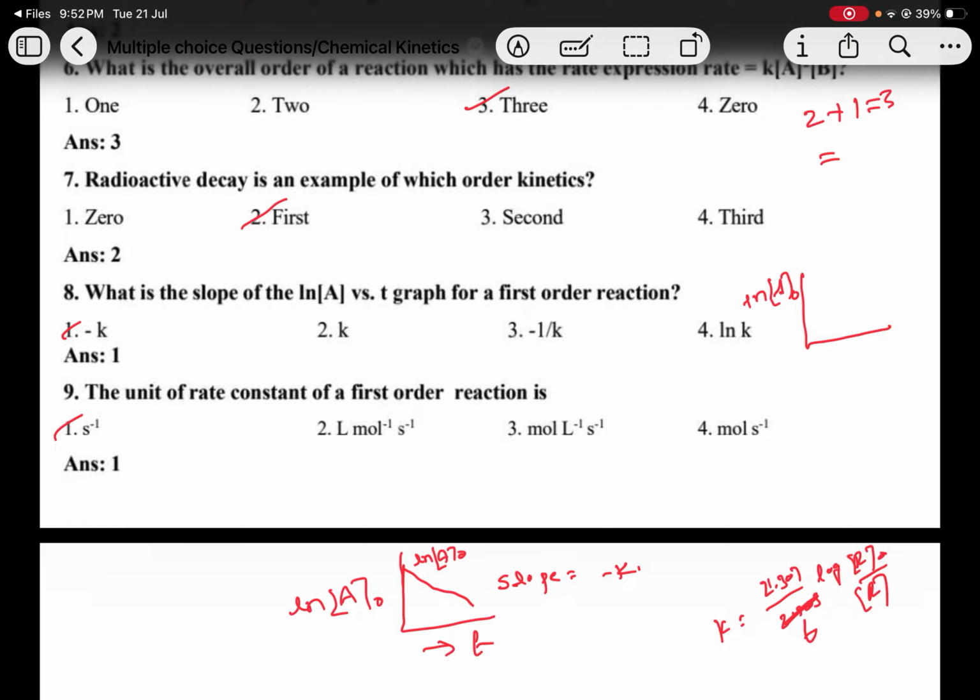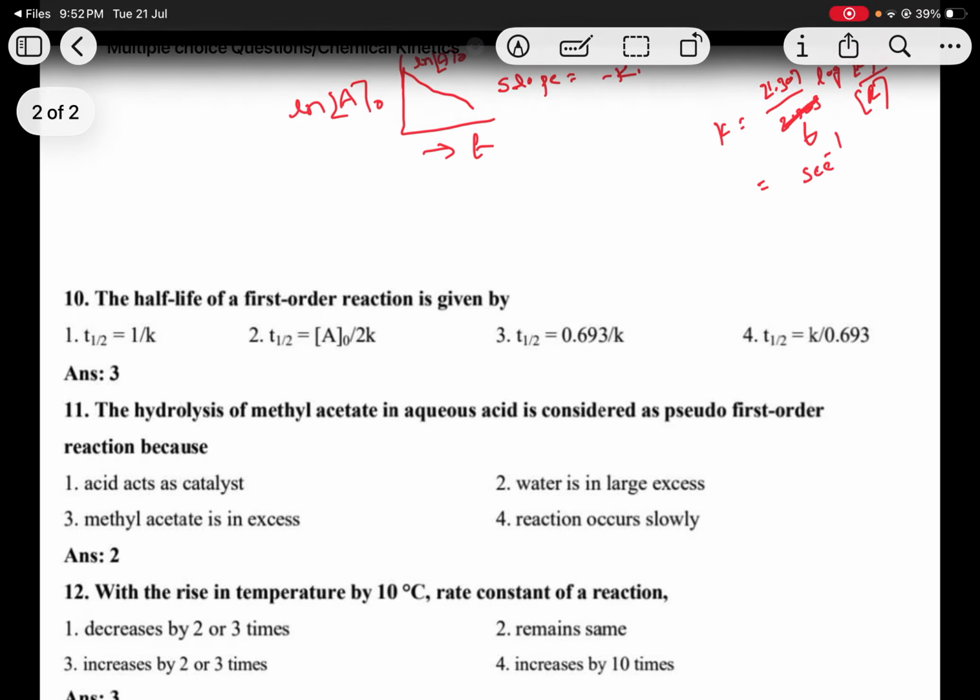Here concentration, mole per liter, will be cancelled. Time, second. So units equal to second inverse. Second inverse is the units for first order reaction.